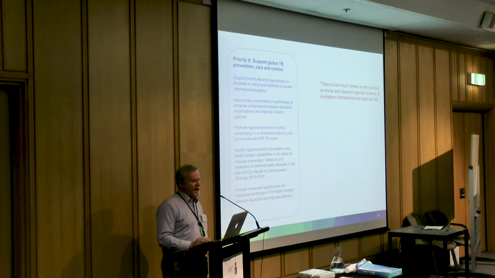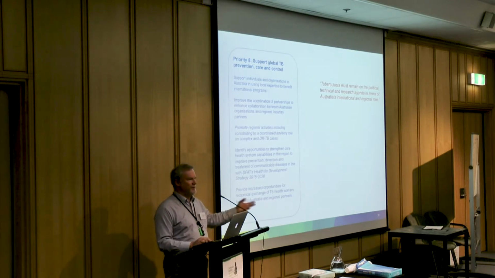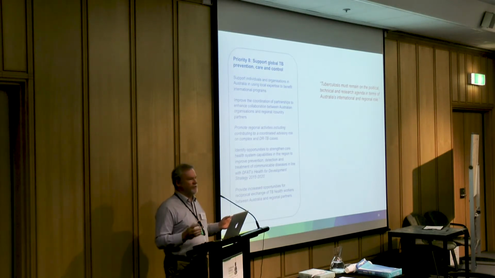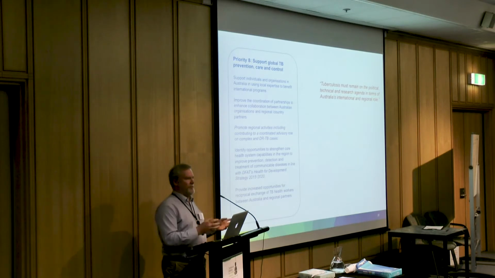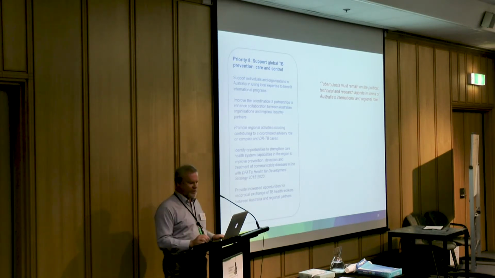And lastly, priority 8 is to support global TB prevention, care and control. You note that I haven't given examples for the last few slides because so many people, including many in this room, are doing a lot for not only research but also regional and global engagement.